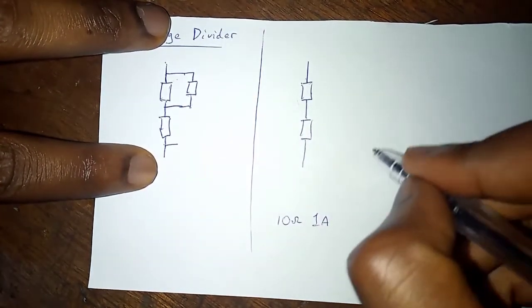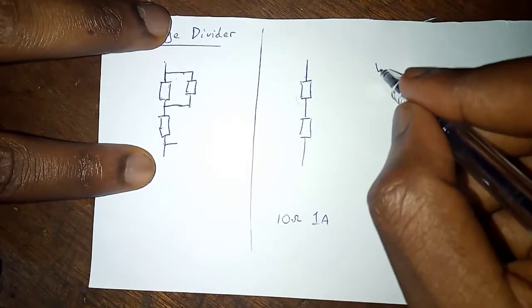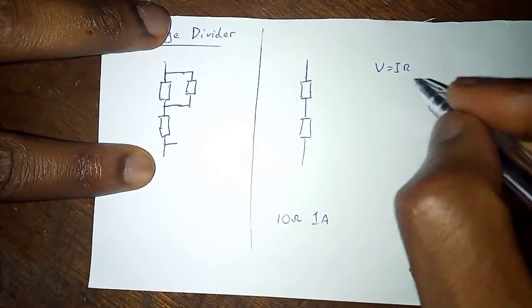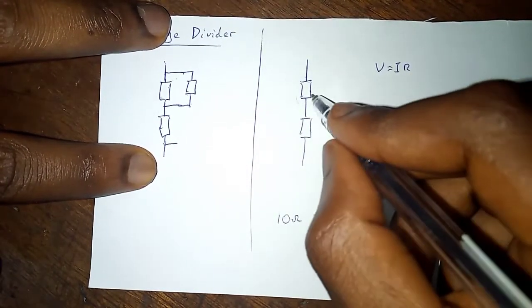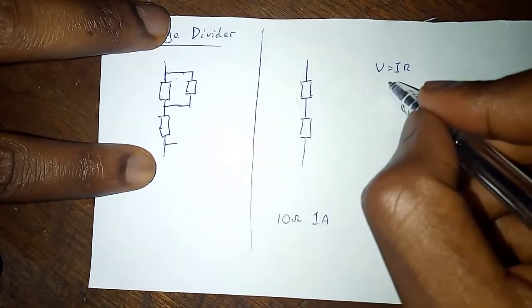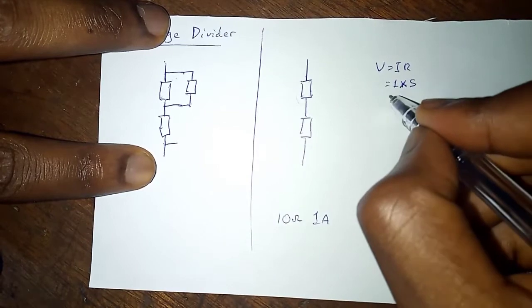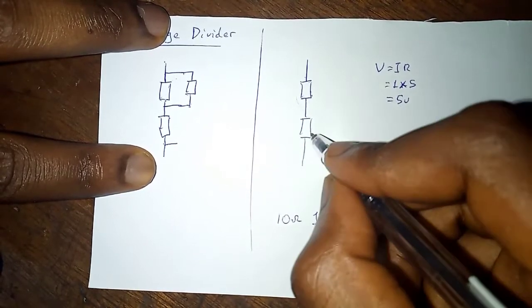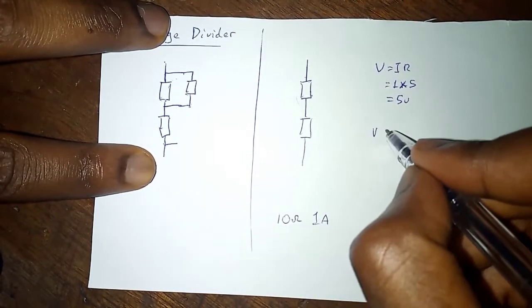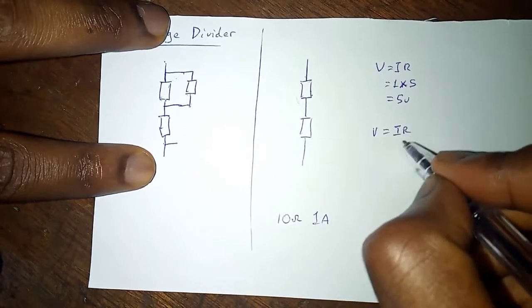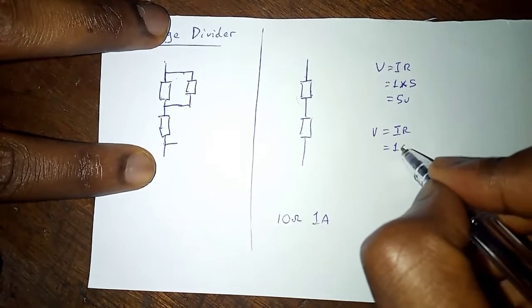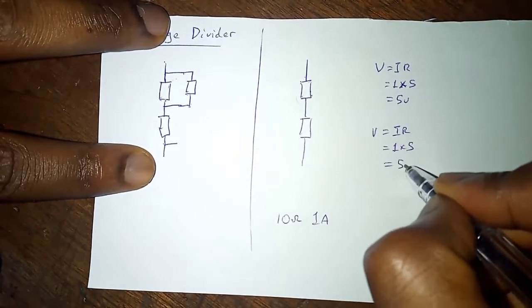Don't forget, V is equal to IR. So the voltage across this resistor is going to be 1 times 5, which is equal to 5 volts. And voltage across this resistor is going to be 1 times 5, which is equal to 5 volts.